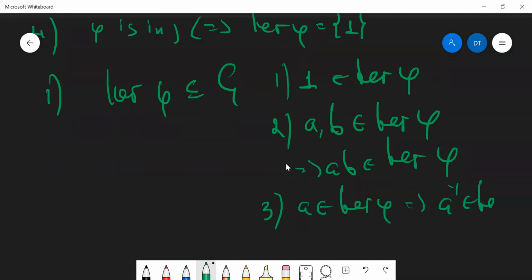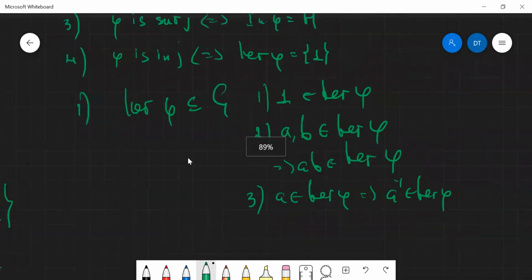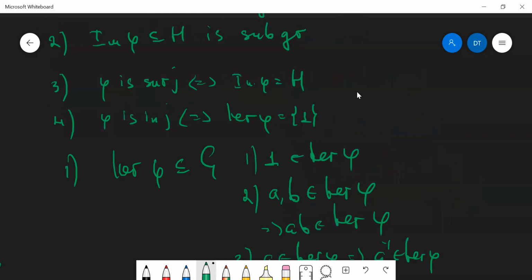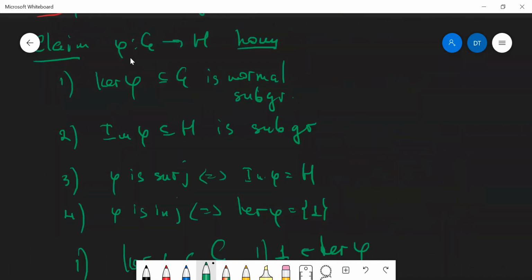Can I ask? I missed the point. Are we formulating it for a homomorphism? Yeah. We are formulating these properties for a homomorphism. Initially, we are given a homomorphism phi from G to H. Because if phi is just an arbitrary map, it doesn't make sense to define the kernel and the image.